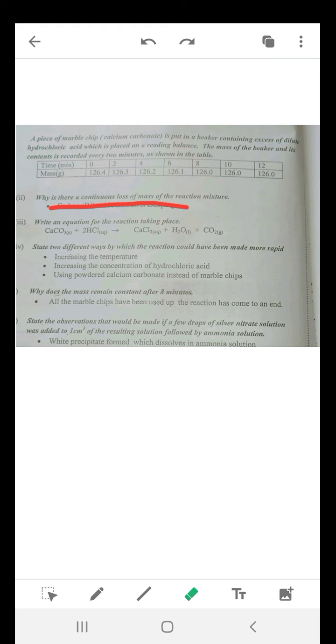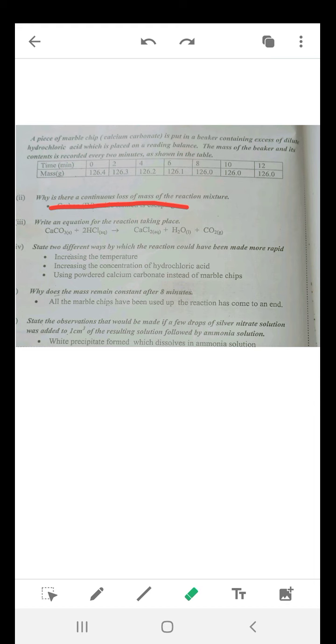We know the resulting solution has a salt, calcium chloride. There are also traces of hydrochloric acid.